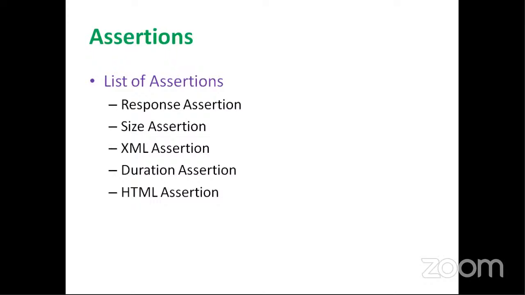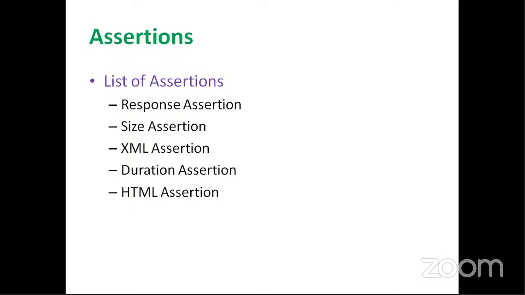Then there will be different assertions. We have response assertion, size assertion. A response assertion is nothing but checking what response you're getting. So are you getting 200, 501? Those are different response codes, so that we can validate. Say for example, if you want to validate an API, and you want to test every time a developer runs a build, and you want to do a particular smoke test, so you can just update the API and check every time when it is giving 200 your test case is passed.